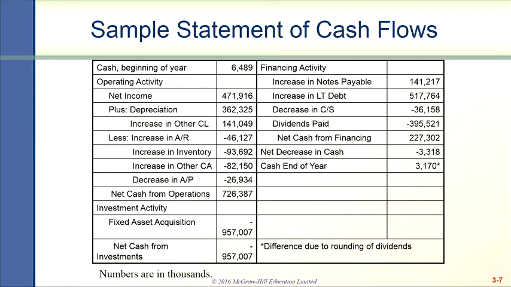So what we did was we took the net fixed assets reported in those two periods and added back depreciation, and that gave us the value of $957,007. So if you find the difference in the two nets, 2015 net fixed asset minus 2014 net fixed asset plus depreciation in the period, it will give us that figure of $957,007.